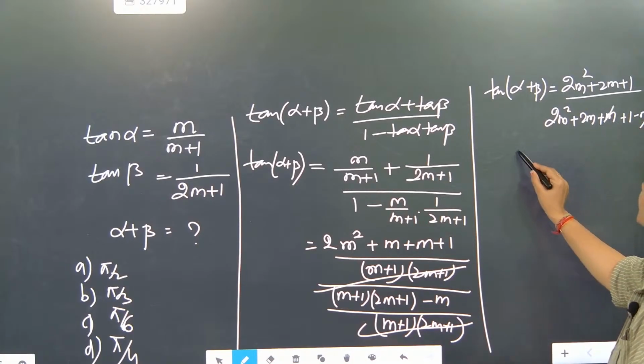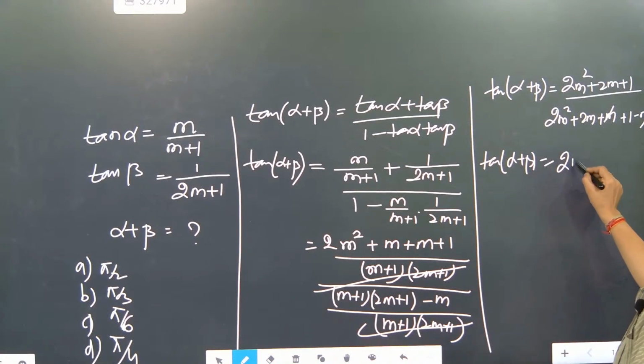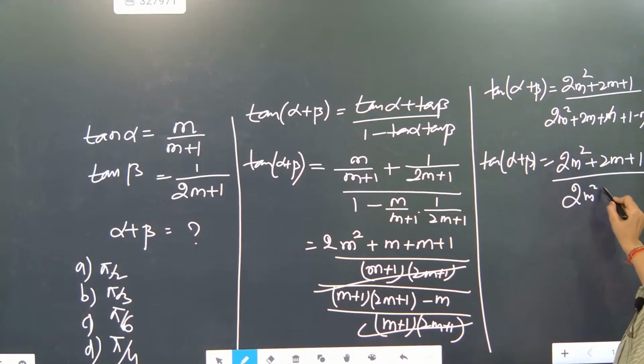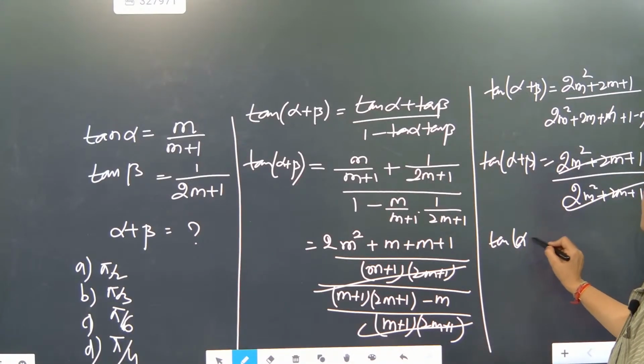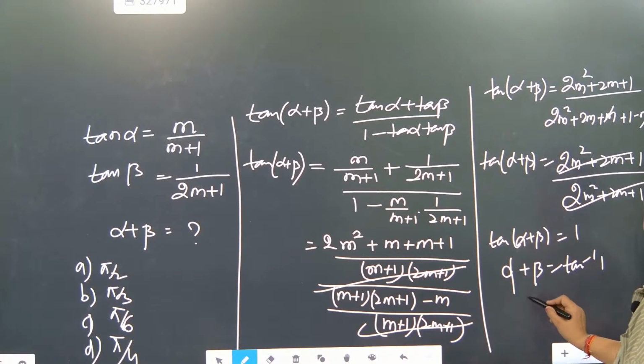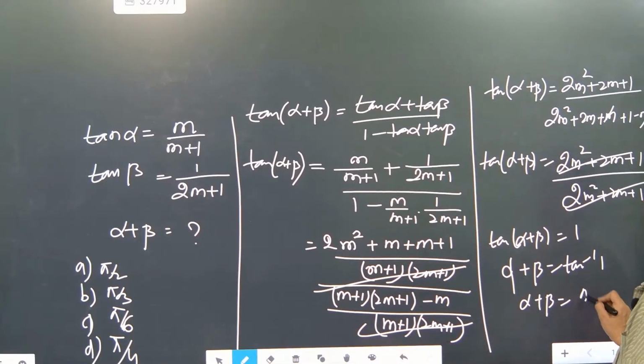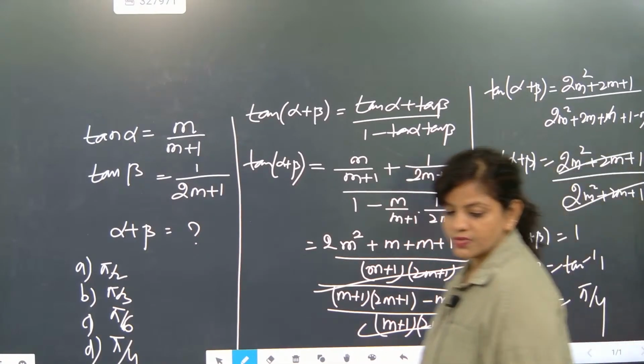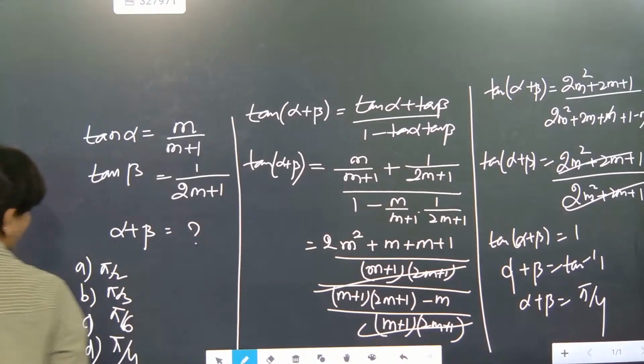So this and this will get cancelled. Again you see, tan of alpha plus beta is equal to 2m square plus 2m plus 1 by 2m square plus 2m plus 1. Cancel. Tan of alpha plus beta is equal to 1. So alpha plus beta is equal to tan inverse 1, and alpha plus beta is equal to pi by 4. So again the option is coming as D here, pi by 4.